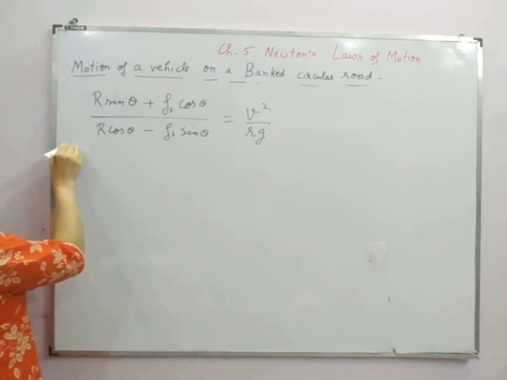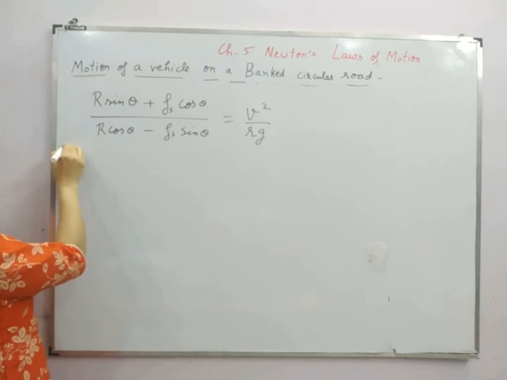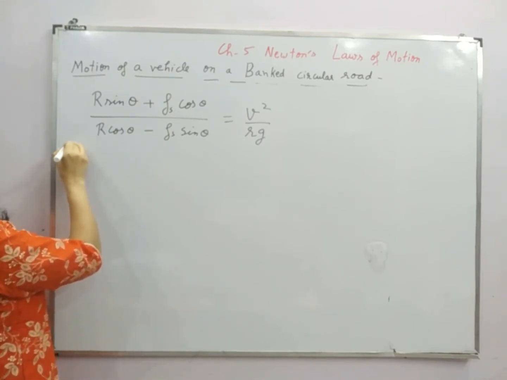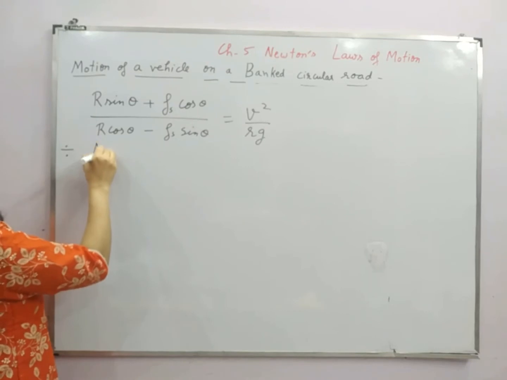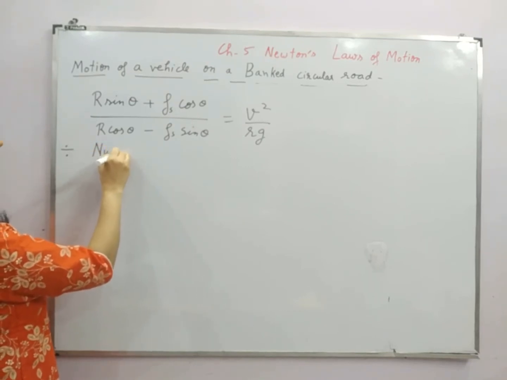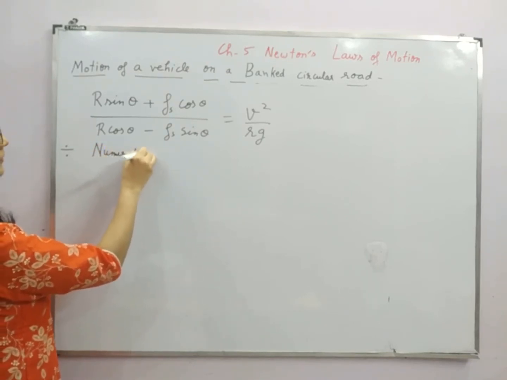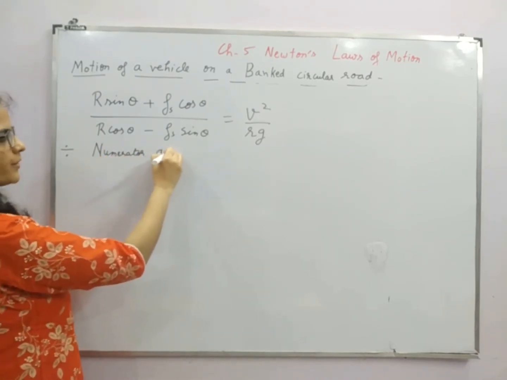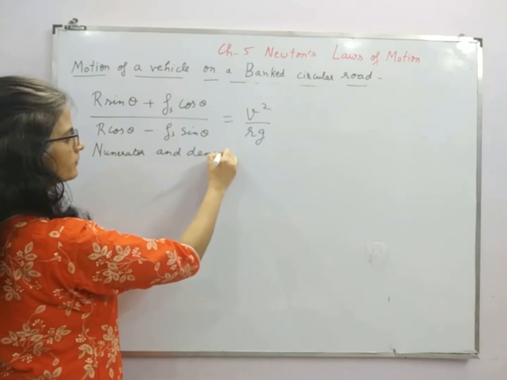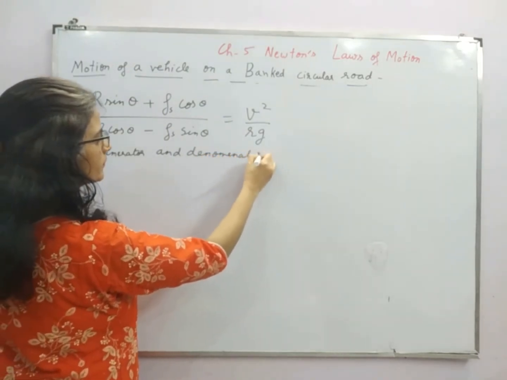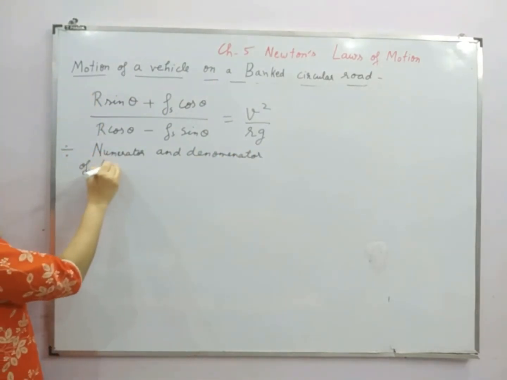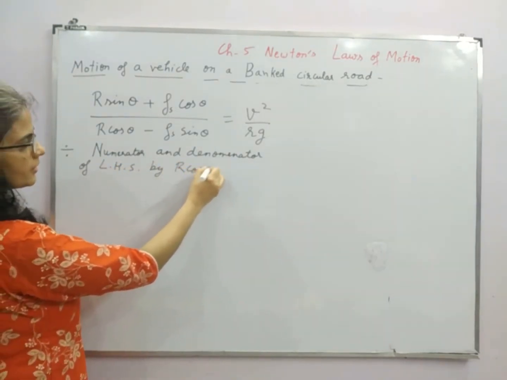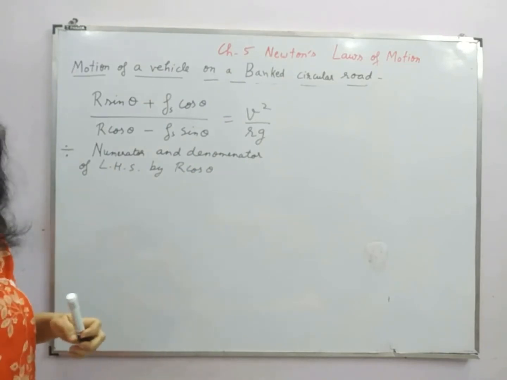So if I divide the numerator and denominator of the left hand side by R cos theta, let's see what we get.